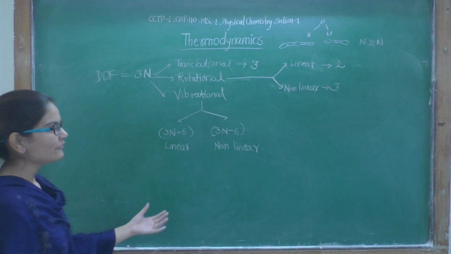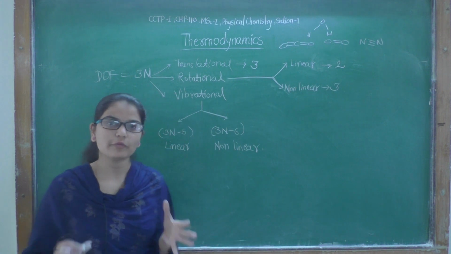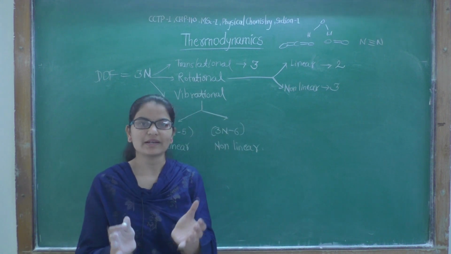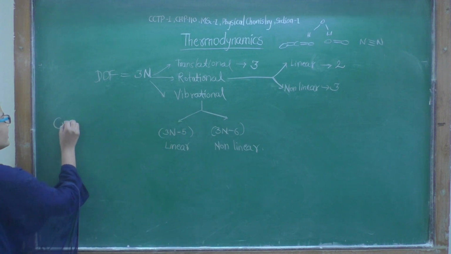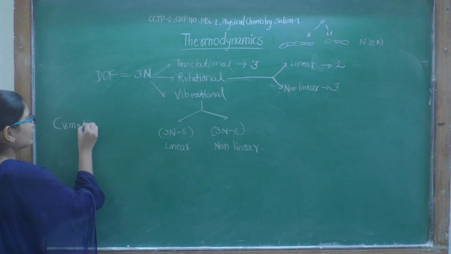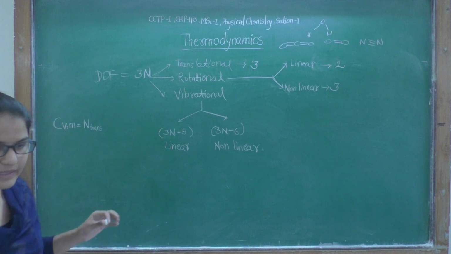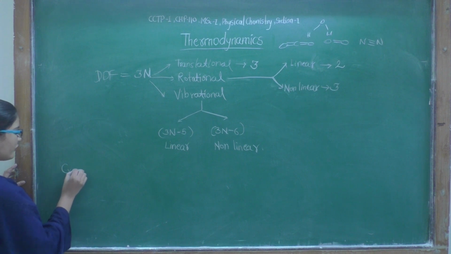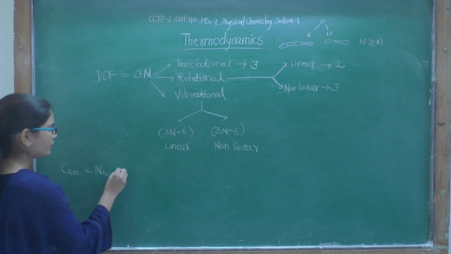Okay, why are we studying this actually? Here we have studied specific heat capacity at constant volume, and these degrees of freedom contribute to heat capacity at constant volume. How? Molar heat capacity at constant volume, CVM, will be equal to the number of translational degrees of freedom into R by 2.